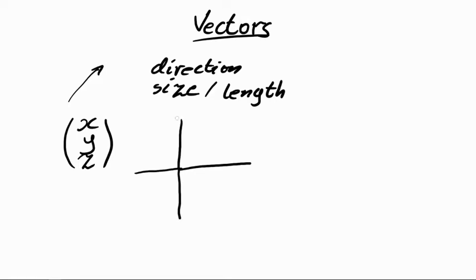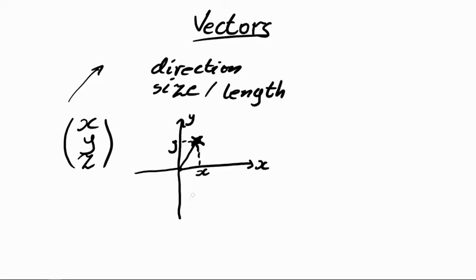But imagine we have a normal coordinate grid. I'm only going to attempt drawing in 2D with x and y, and we have our vector. Vectors don't actually have a position in space, but if we draw it starting at the origin, at 0, 0, that's a special point, and we look at the point where it finishes, we can read off x and y values for that point.